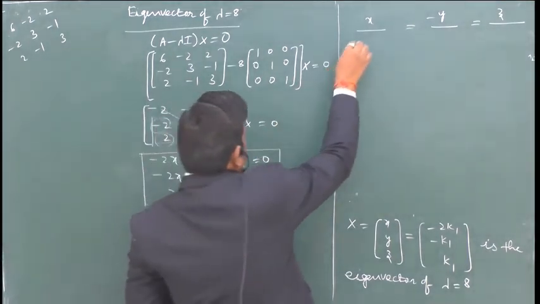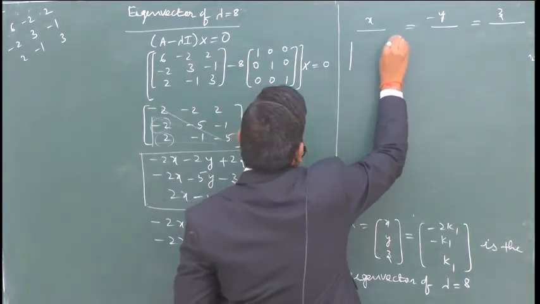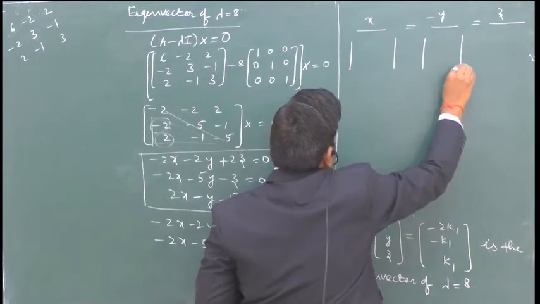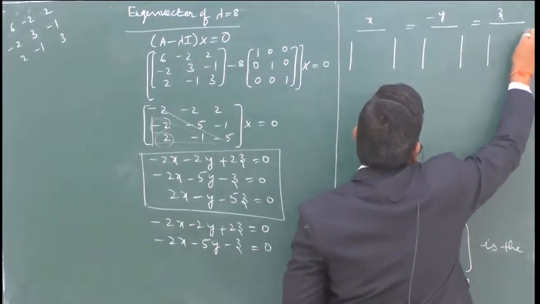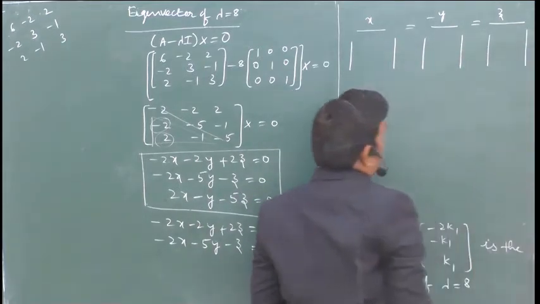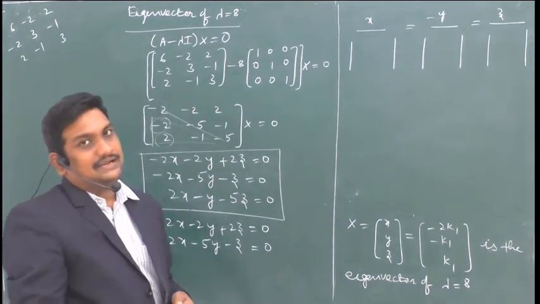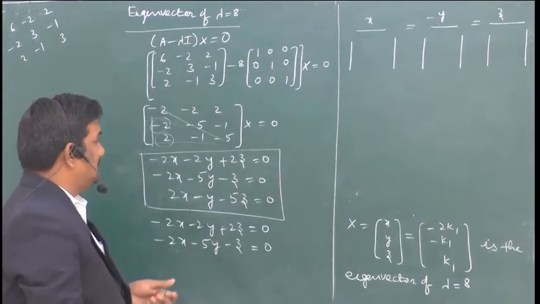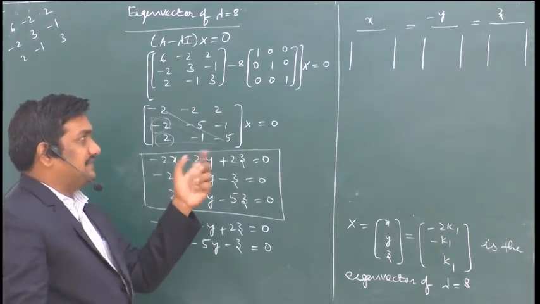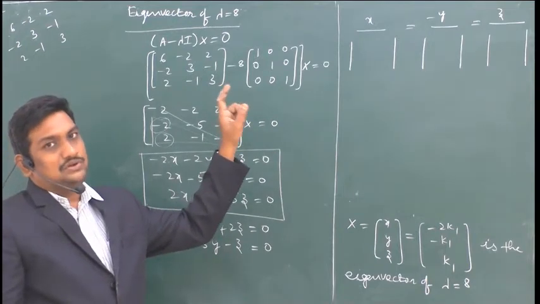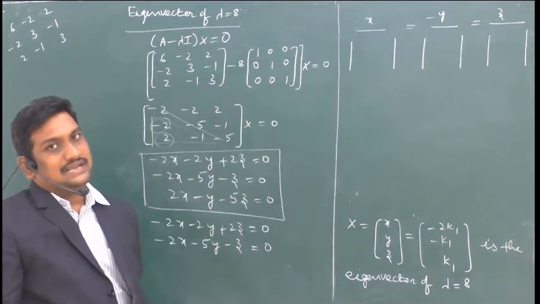So the denominator will be a determinant. We are using an alternative approach to find the eigenvector. So x by, minus y by, z by. The y should always have the coefficient as minus.